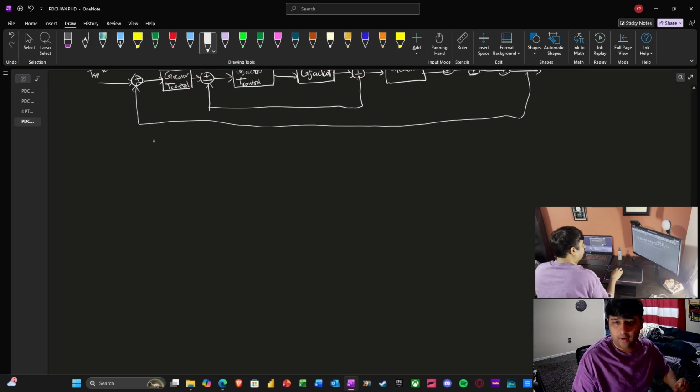So now for the next step, we want to simplify this down so that we can start our derivation.